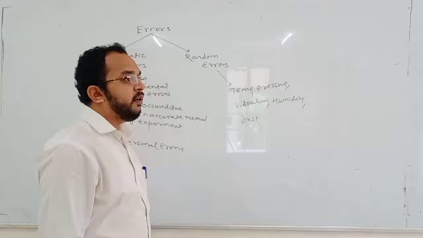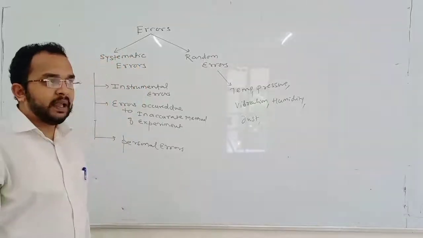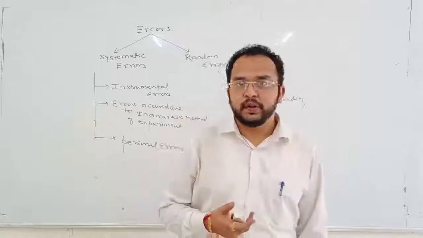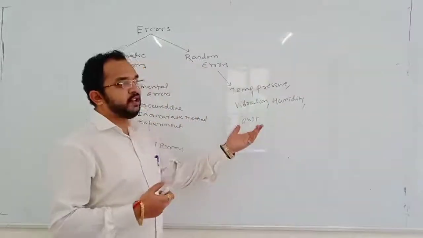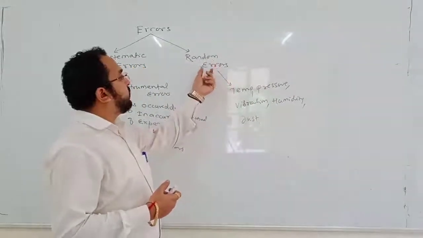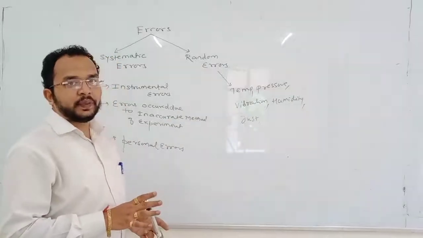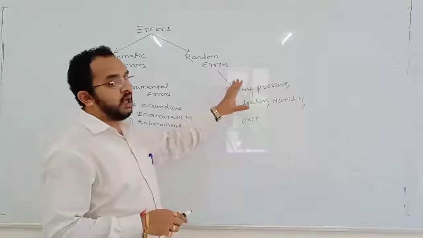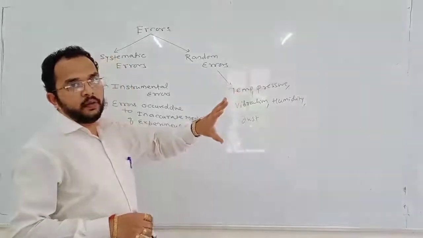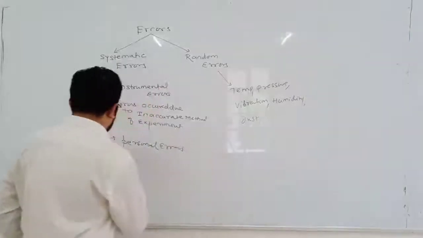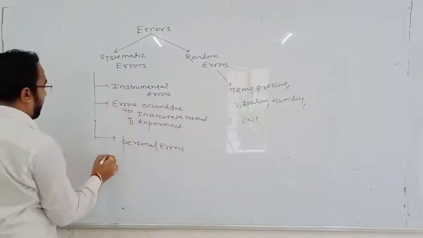So the reading will vary as per the place and as per the atmospheric conditions. So those are the errors caused in measurement, which are random errors. ठीक है ना, random errors, and these errors are unavoidable. We can't eliminate this error completely.